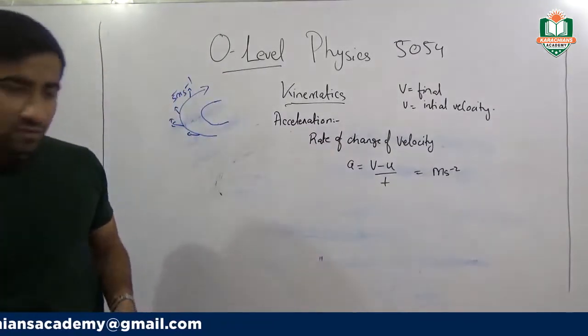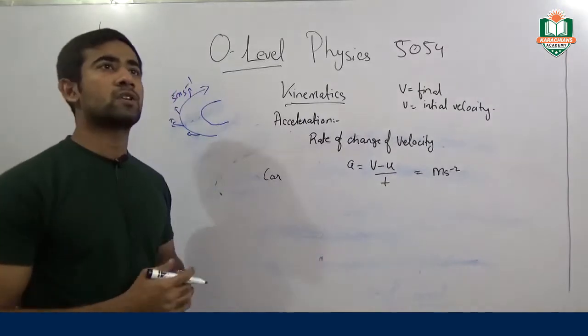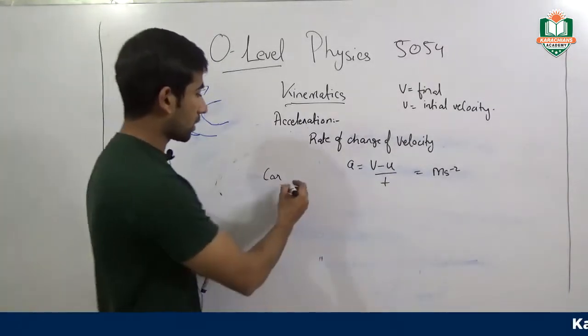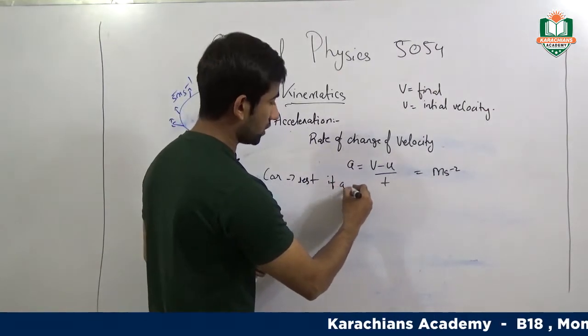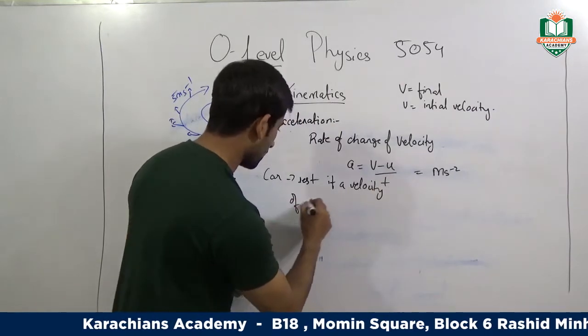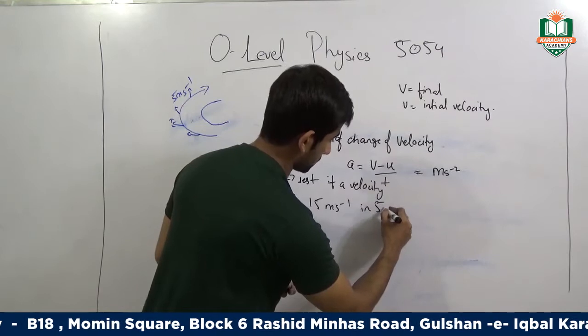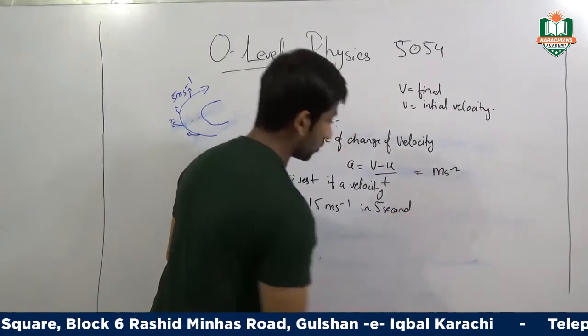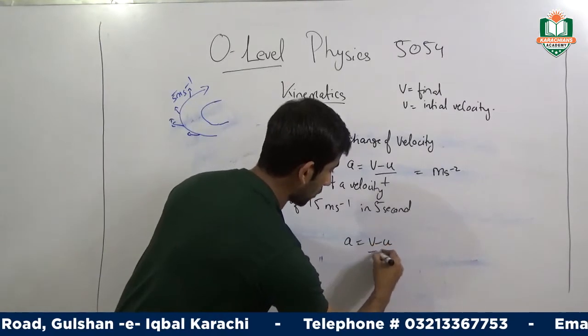So let's say we have a car which has started its motion from rest. A car started from rest and it achieved a velocity of 15 meters per second in 5 seconds. So the expression will be simply v minus u over time.